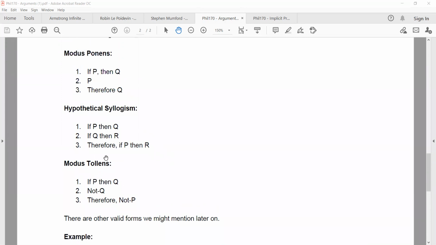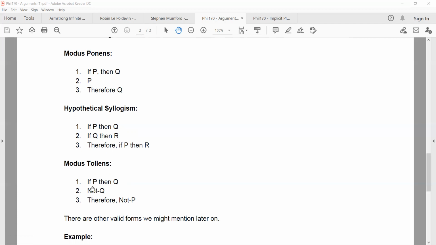And modus tollens is basically very similar to modus ponens. We have as a first premise also a conditional, if P then Q. So that, as I mentioned, is saying if this happens, then that other thing will happen. P and Q are going to be statements, which you have to substitute in a uniform manner in order to create a logically valid argument.